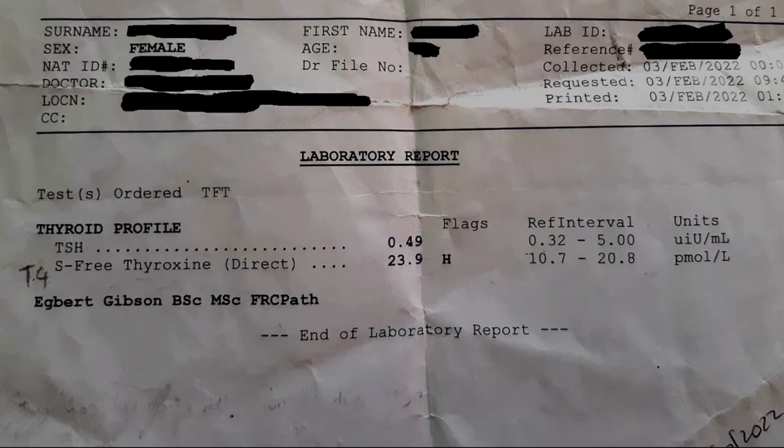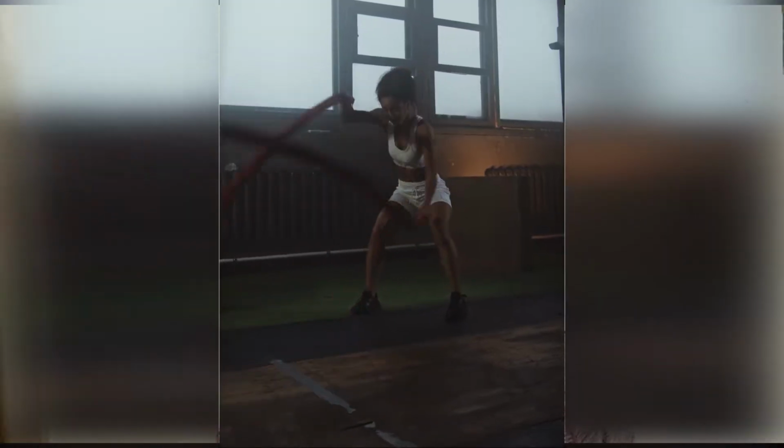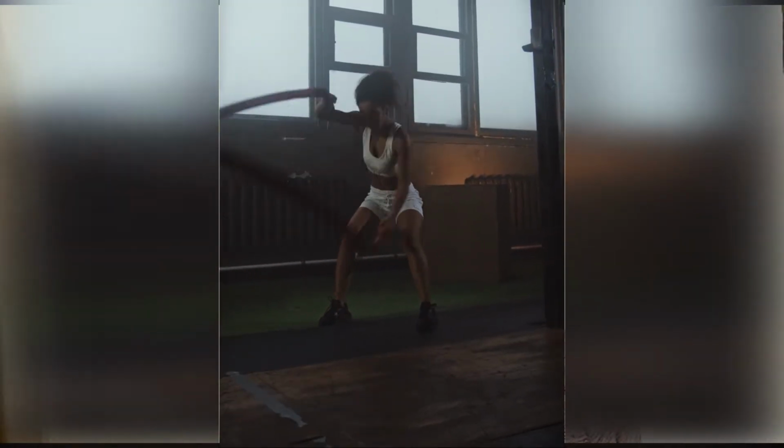My T4 result is a bit high, but my doctor said it's nothing to worry about. For the TSH, my level is 0.49, which is pretty good. The doctor concluded that my levels are very good. And I feel good, I exercise, I drink plenty of water. So right now I'm living a normal life.